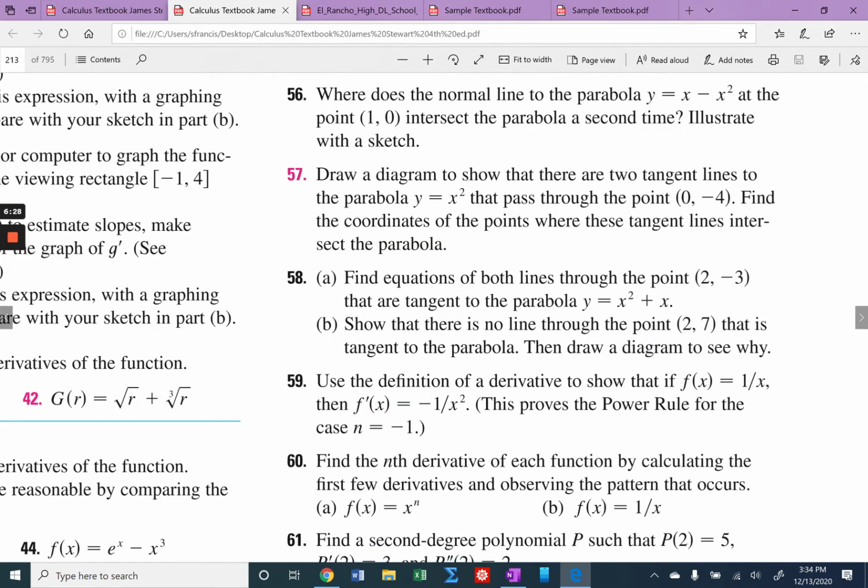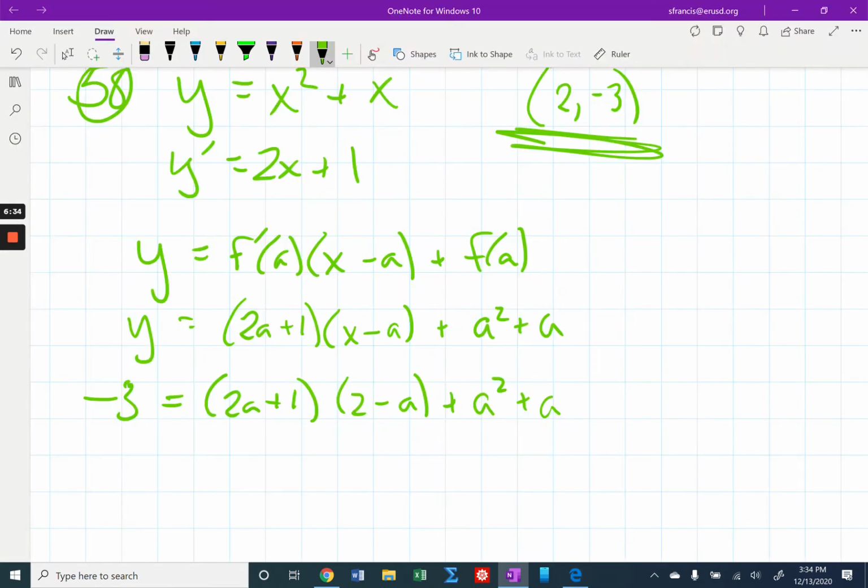Let's go back for a moment. It says find equations of both tangent lines, okay? When you find the two values of a that you're going to get when you solve this, I'm going to write it like this: a sub 1 and a sub 2, because you're going to get two of them. Go calculate the y coordinate of the point by plugging it back in here.